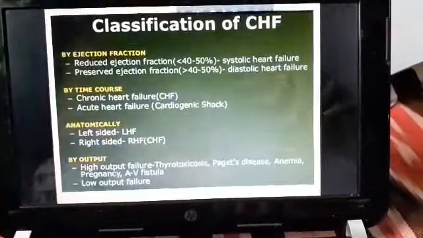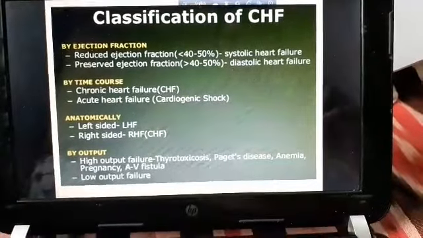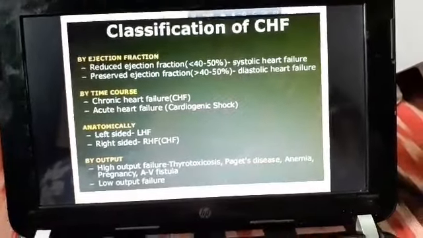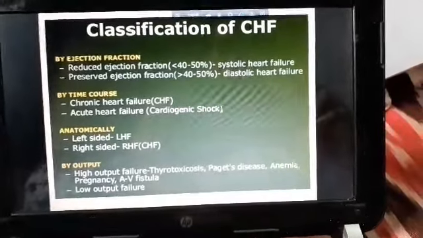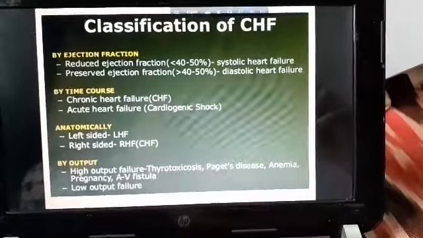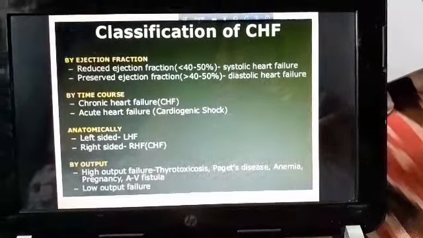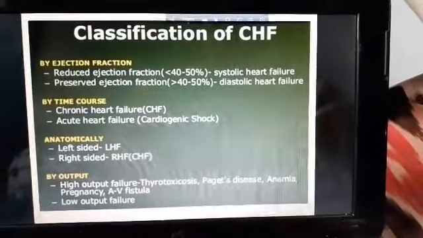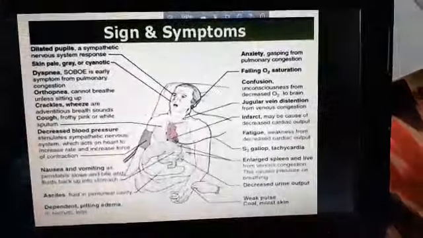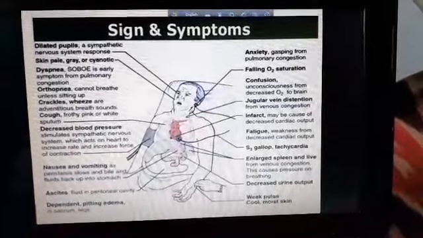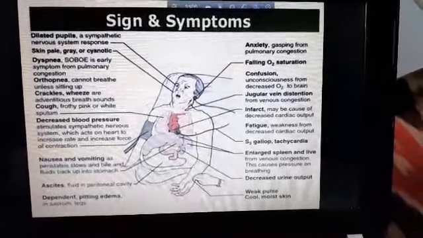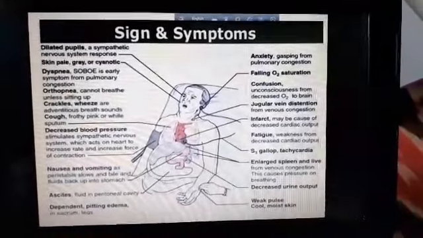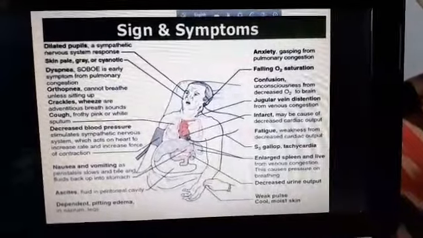So this is the classification of heart failure by ejection fraction. It can be reduced ejection fraction. Normally the ejection fraction is around 60% or above, but when it is reduced below 40%, we call it systolic heart failure. The newer classification says that if the left ventricular ejection fraction is less than 40%, then it is called heart failure with reduced ejection fraction, HFrEF.